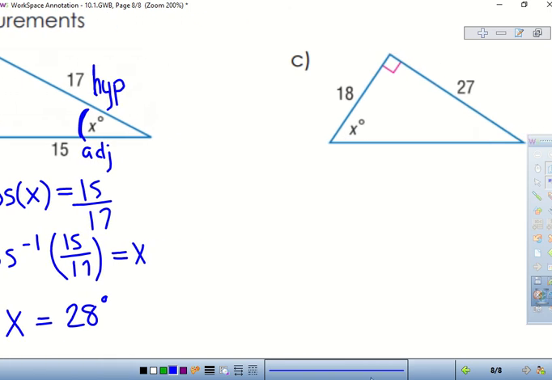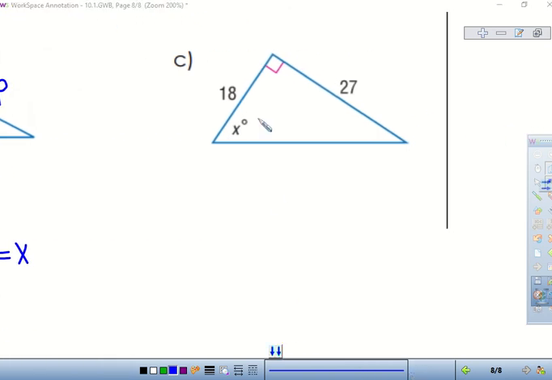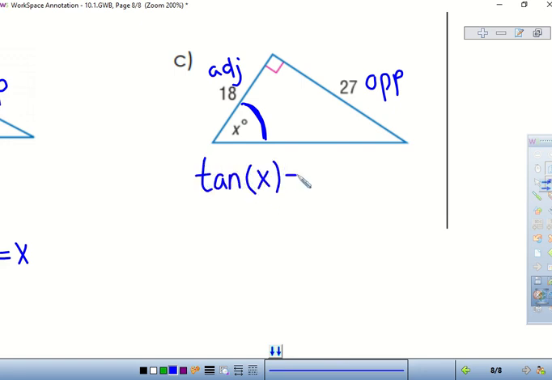We're going to do one more together. So in this case, here's our theta. We know 27, which is the? And we know 18, which is? Which is what trig function? Tangent of x is equal to opposite over adjacent.